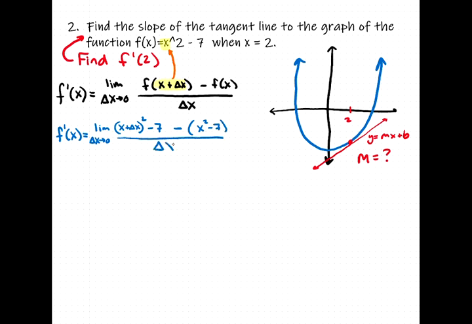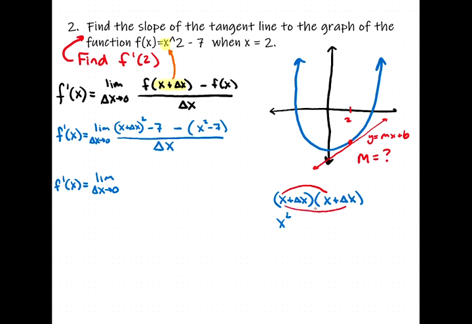Now, we definitely can't use direct substitution because we can't plug in a 0 for delta x, because we have the 0 on the bottom of the fraction. We can't have 0 in the denominator. So let's see if we can do some simplifying. So f prime of x is equal to the limit as delta x goes to 0. So let's multiply this out. X plus delta x times x plus delta x. So first times first, that's x squared.